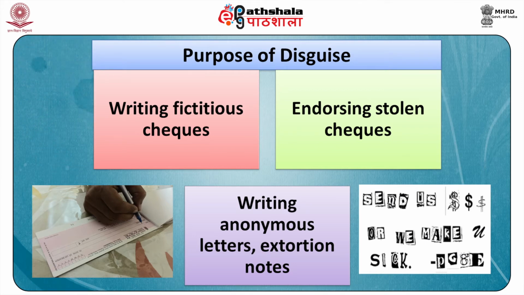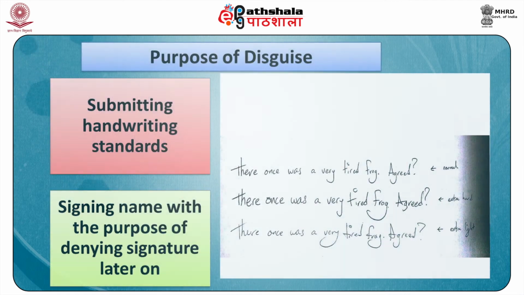Number 1, writing fictitious checks. Number 2, endorsing stolen checks, writing anonymous letters, extortion notes, etc., submitting handwriting standards, and the last one, signing name with the purpose of denying signature later on.